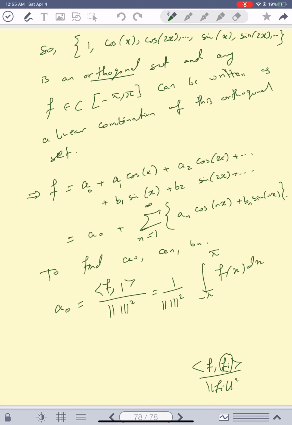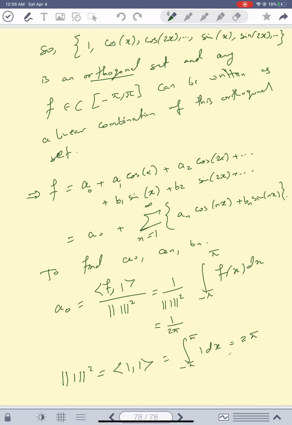And now the question is, what is the magnitude of 1 squared? It is the inner product of 1 with 1, which is the integral from minus pi to pi of 1 times 1, and this is exactly 2 pi. So 1 over the magnitude of 1 squared is 1 over 2 pi, and then the integral from minus pi to pi of f of x dx. What is this? This is a naught. This is exactly what we have in our formulas in Fourier series, right?